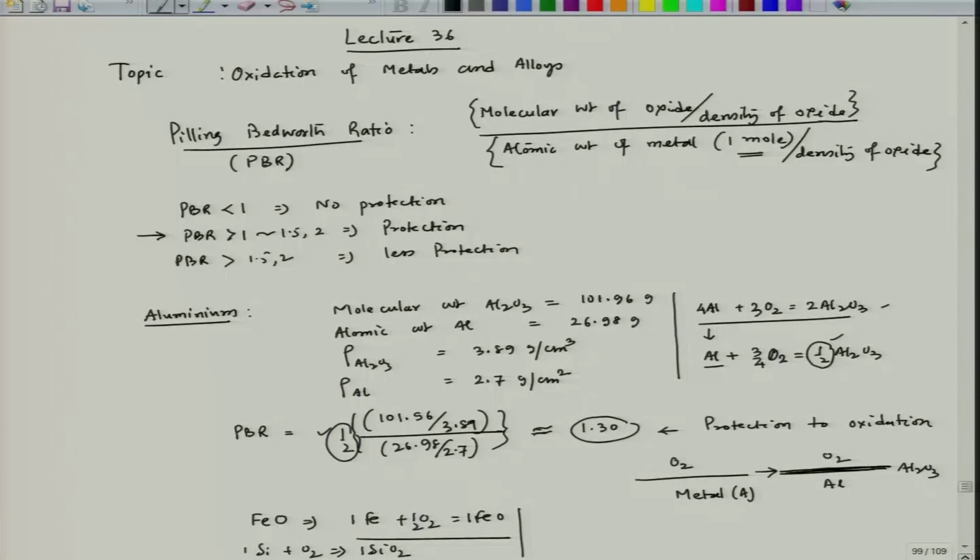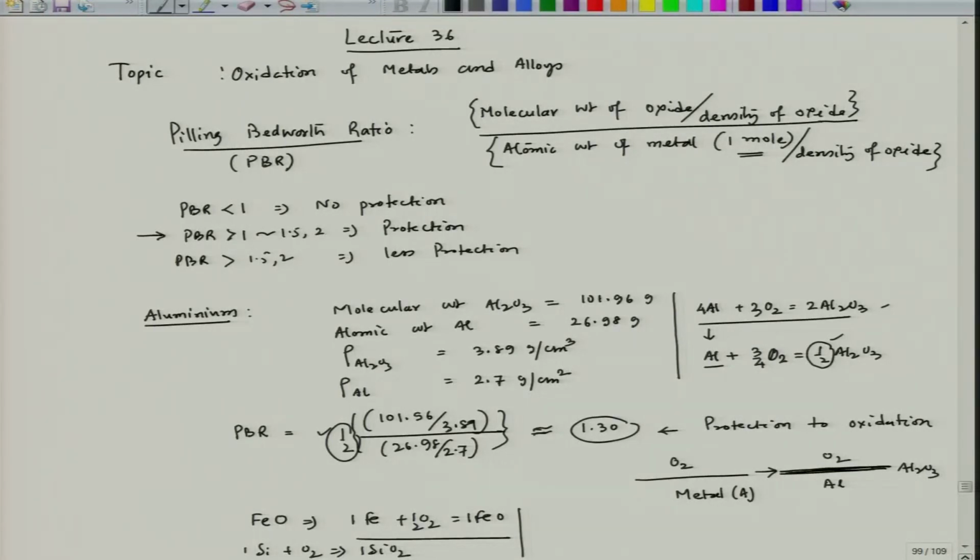But in case of aluminium, and in case of chromium, where Cr2O3 forms, we have to consider this factor, which will not be equal to 1. That factor is very critical to find out PBr.